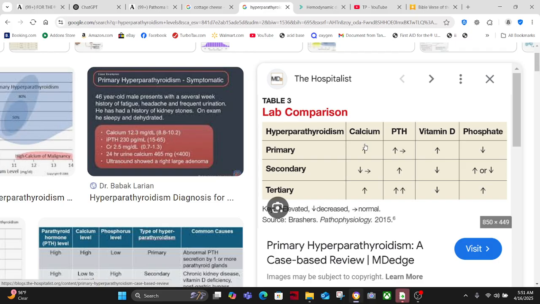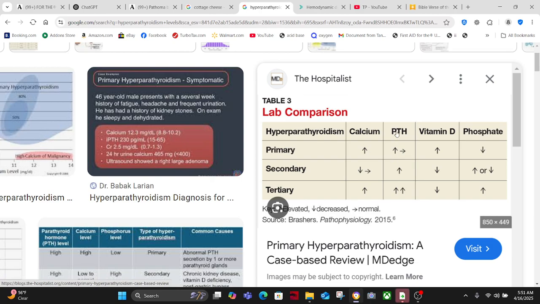Your parathyroid hormone senses if calcium is low or high, and in primary hyperparathyroidism, your PTH, which is parathyroid hormone, is high, which would mean it increases the calcium in your body.